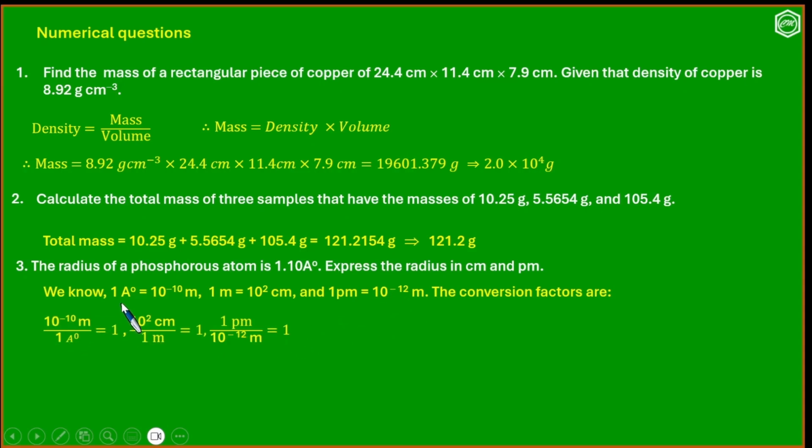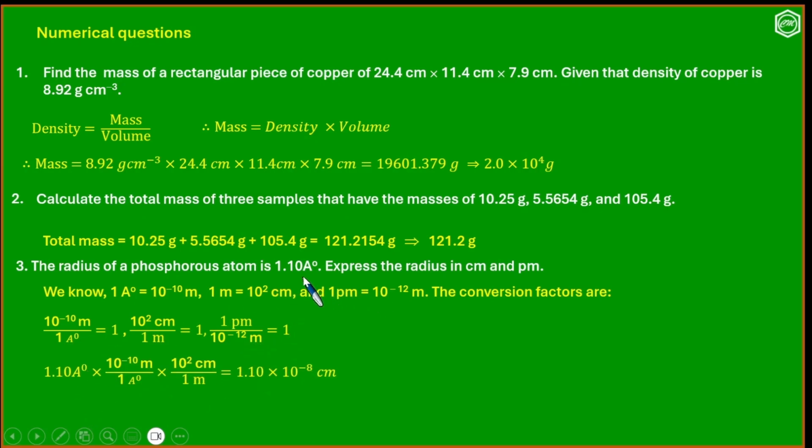So the conversion factors are 1 angstrom equal 10 raised to minus 10 meter, divided by 1 angstrom. So therefore 10 raised to minus 10 meter by 1 angstrom is 1. Then the second unit factor is this one. The third unit factor is 1 picometer by 10 raised to minus 12 meter.